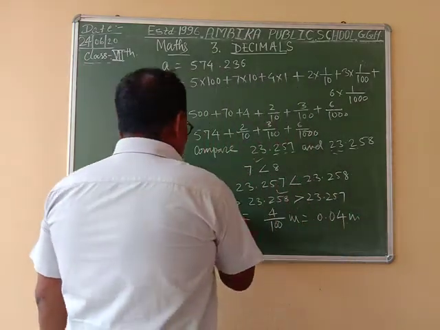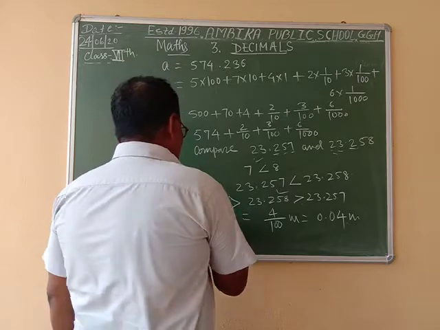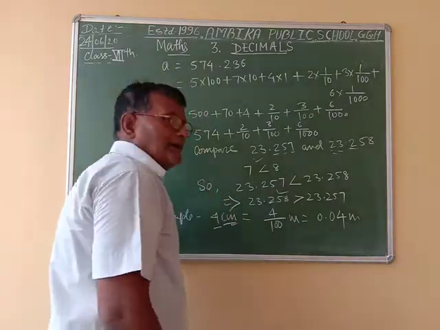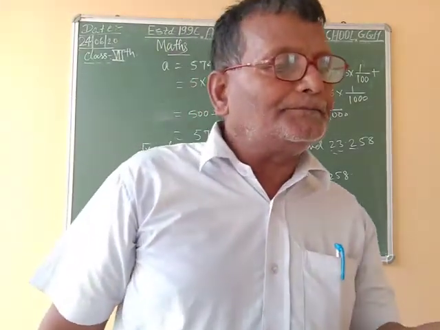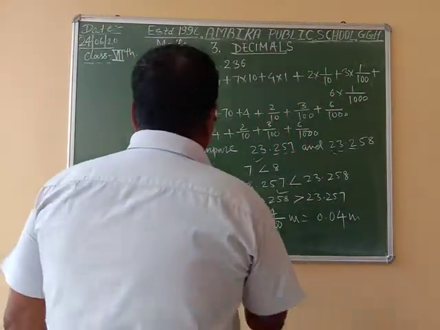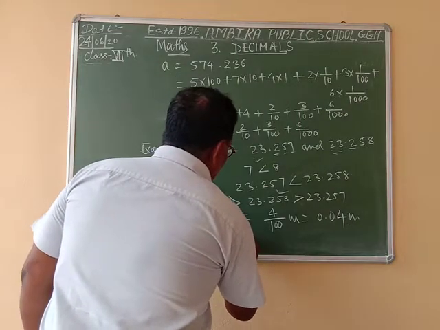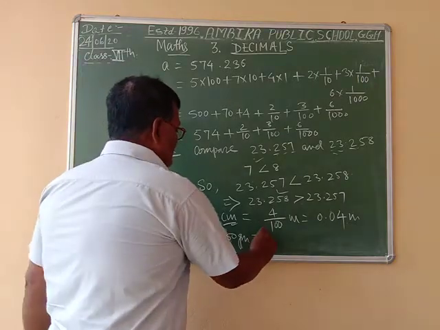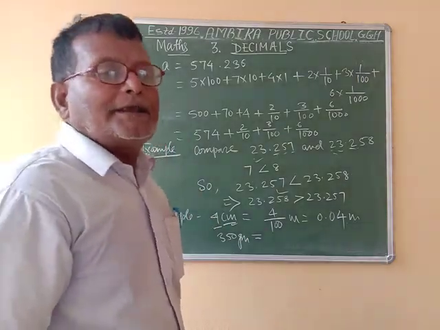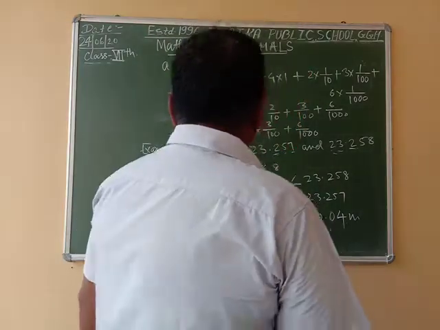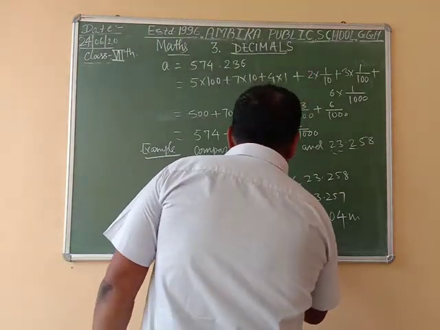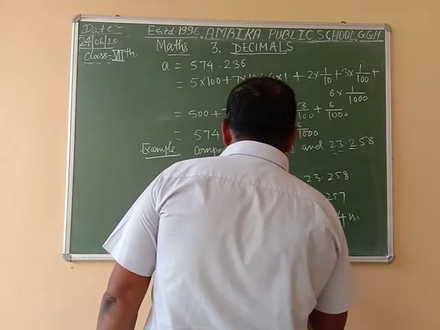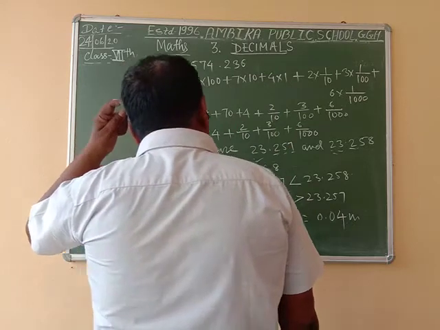Here the unit of 4 is centimeter, so we can convert it into meter by dividing by 100. As another example, 350 gram: if you have to change it into a decimal fraction, you can divide it by 1000, because 1 kg is equal to 1000 gram.